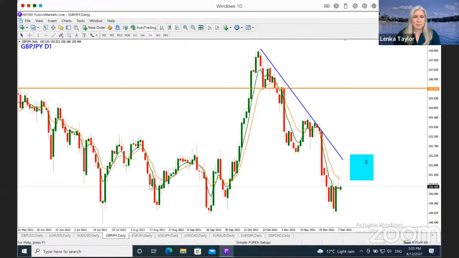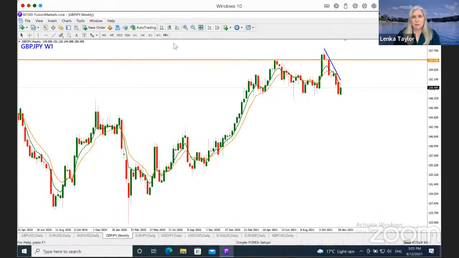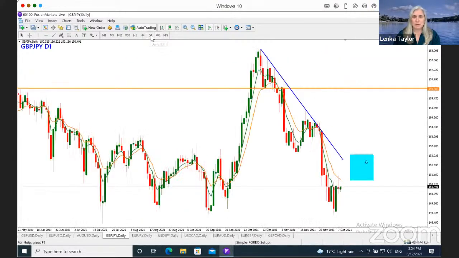Next currency pair I'm looking at is GBPJPY. And GBPJPY, I'm looking for a short. So we've had 2 touch points at the 156. So looking either at the price to keep going, so looking for short, or if it comes back for another touch around that area, then looking for a short at that point.